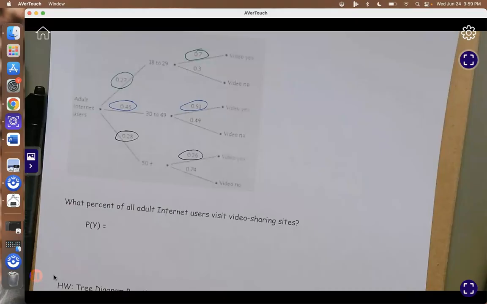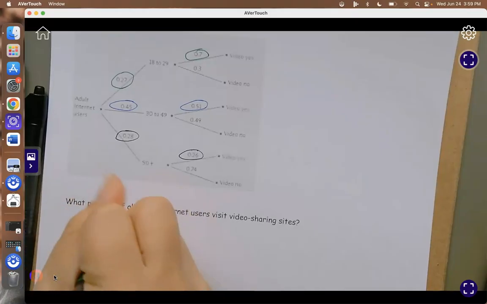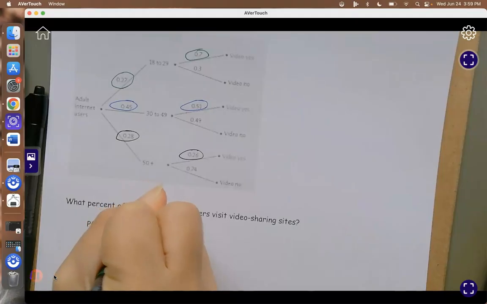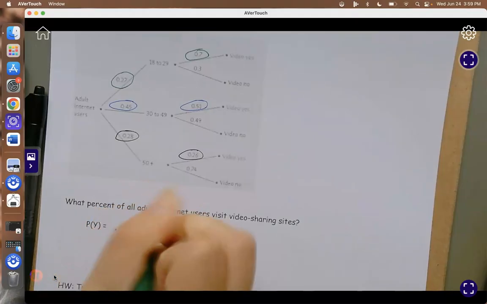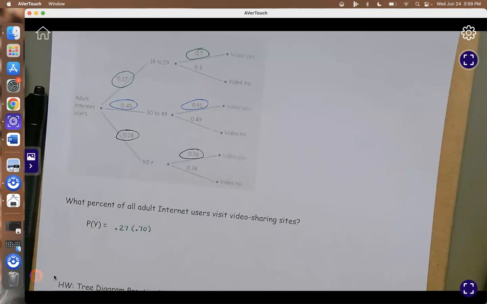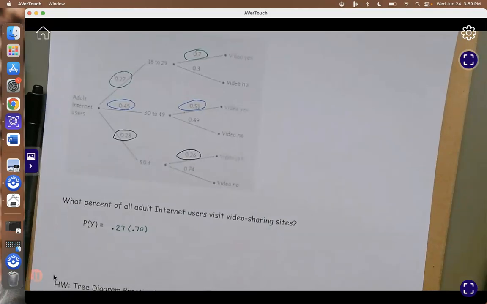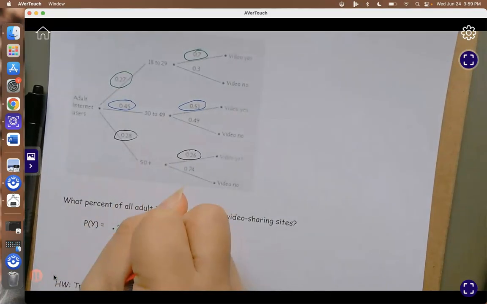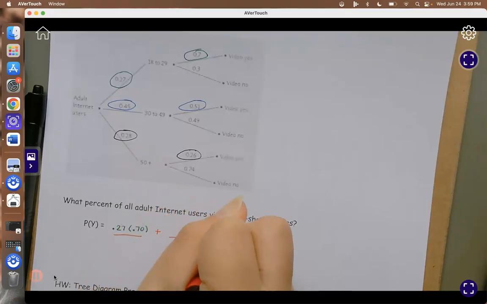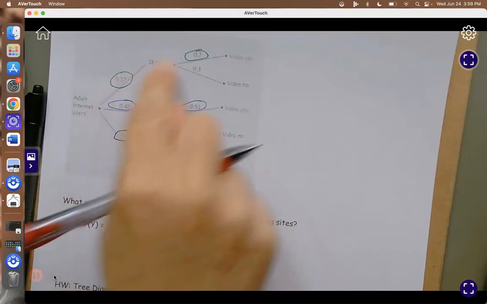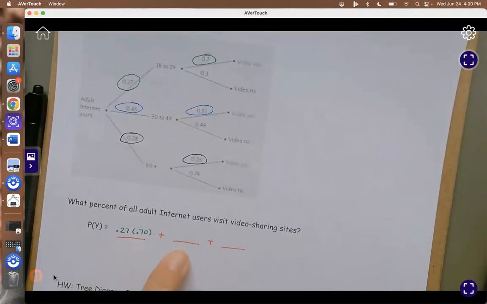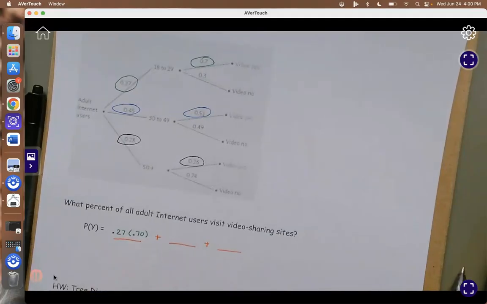Okay, so what we're going to be doing is taking 0.27 and timesing it by 0.70. There's 3 sets, so we're going to add these together, because you multiply each branch, but you add if you have multiple sets of branches.